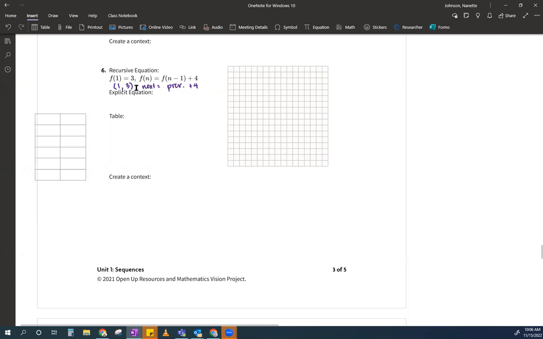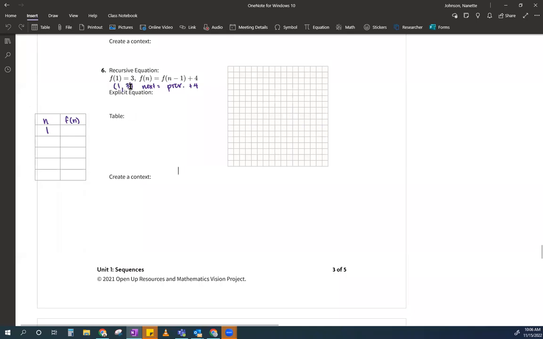So the very first thing I'm going to do is fill out this table according to what this says. So here's n, here's f of n. Another way to name them, this is x, this is y, but they've already started using those terms, so I'm going to continue. And then the first term they give you is 1. So I put a 1 here. The y that they gave me for that is 3.